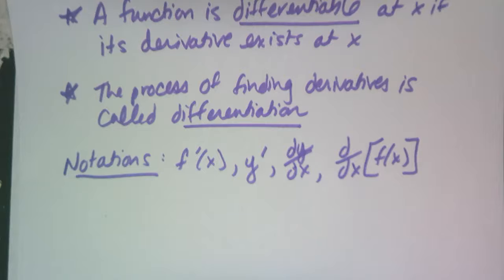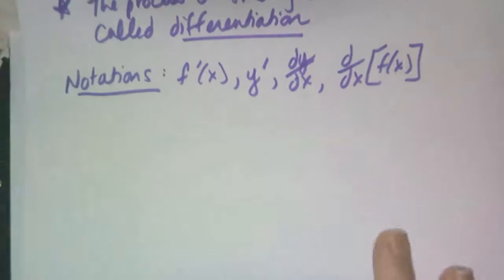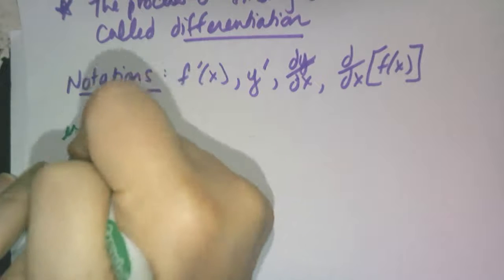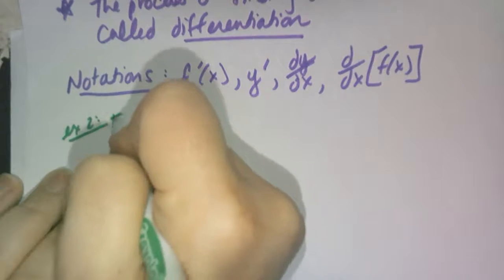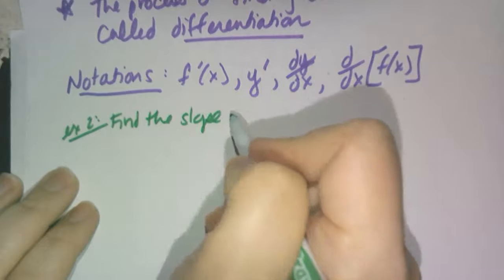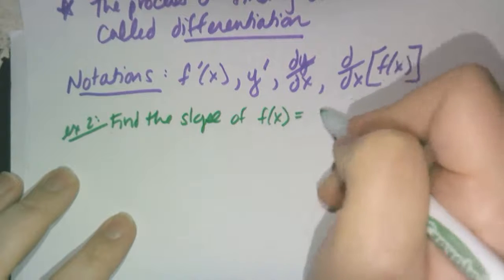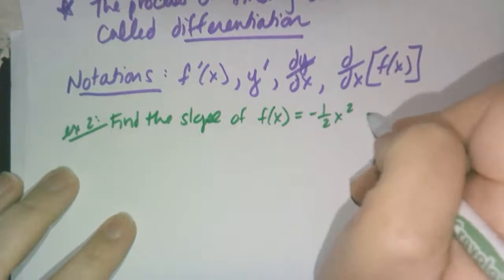And then we're done. So, example 2. Find the slope of f of x equal to negative 1/2 x squared.